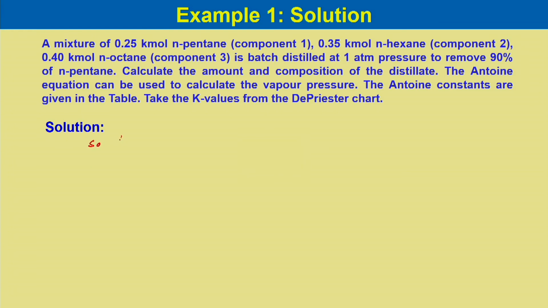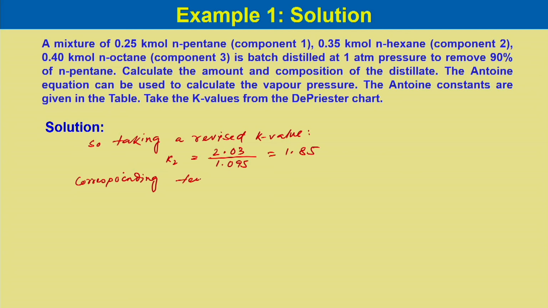Taking our revised K values, K2 would be equal to 2.03 divided by 1.095, which is 1.85, and then from the chart we can obtain the corresponding temperature, which is equal to 91 degree centigrade.